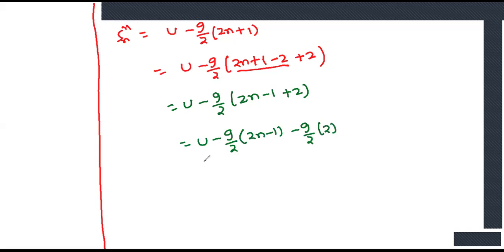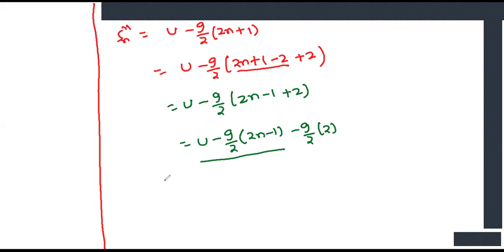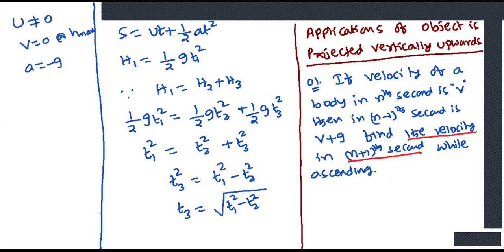So u minus g by 2 into 2n minus 1 means I can write as v, first equation. So Sn double dash equal to v minus g.